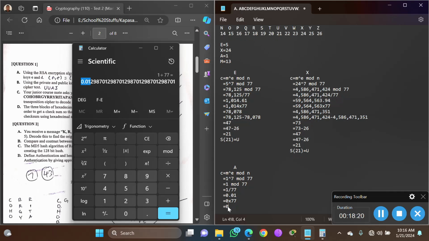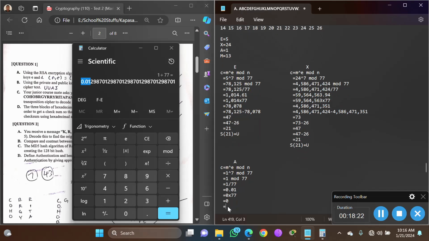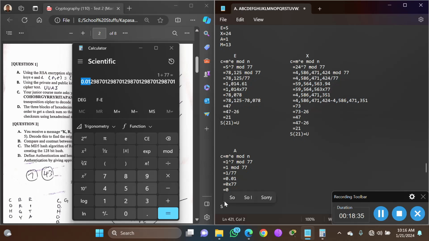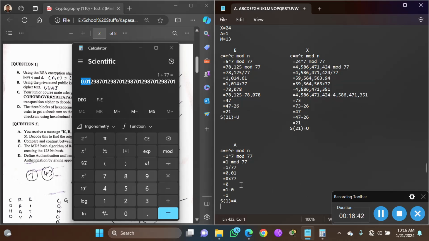Again we are getting 0. Now we take the first answer after powering, which was 1, and subtract the final answer, which is 0, so we get 1. So the substitution for 1 is still a. As you can see, encrypting a, you still end up with a. That's the solution for encrypting a.